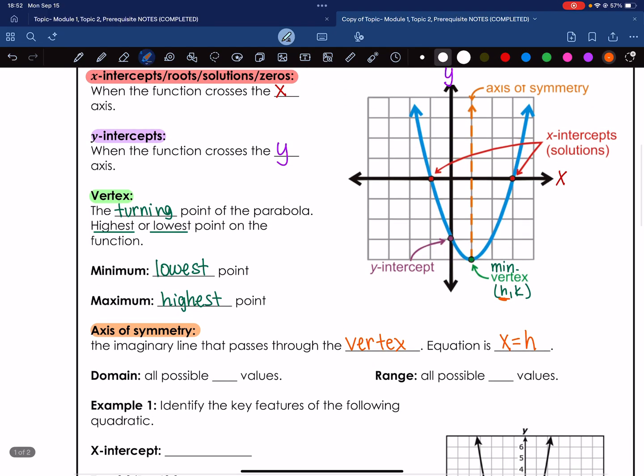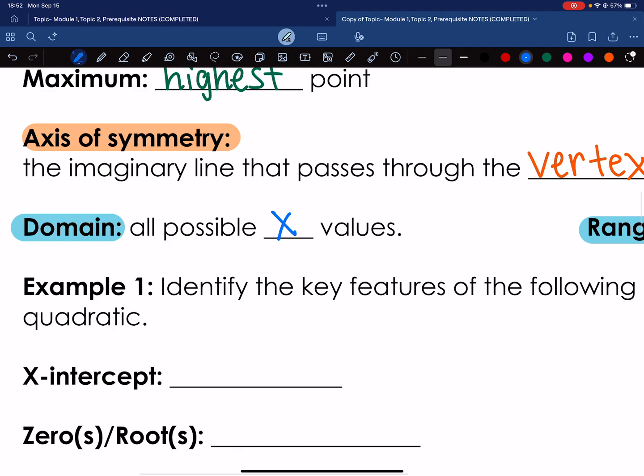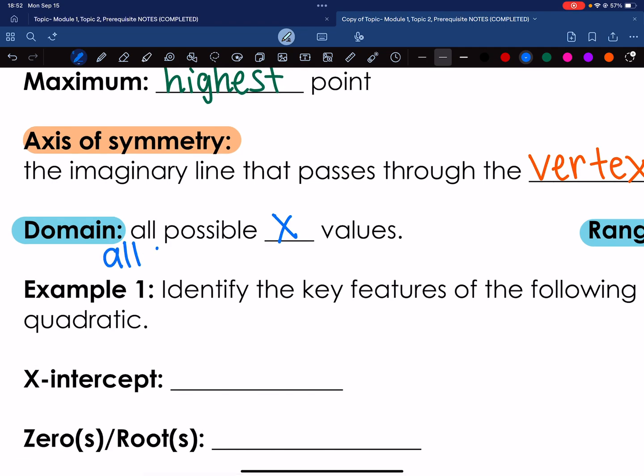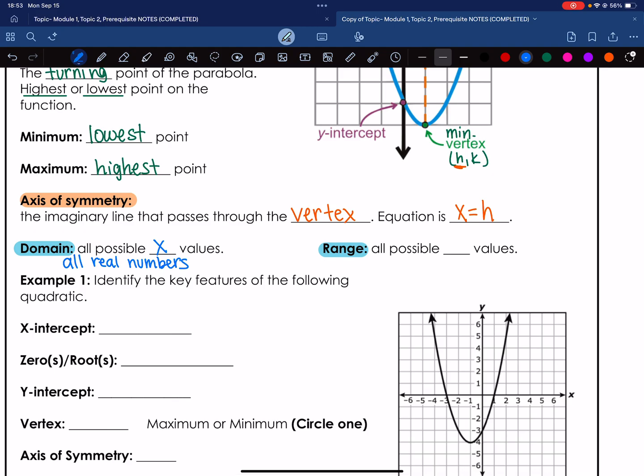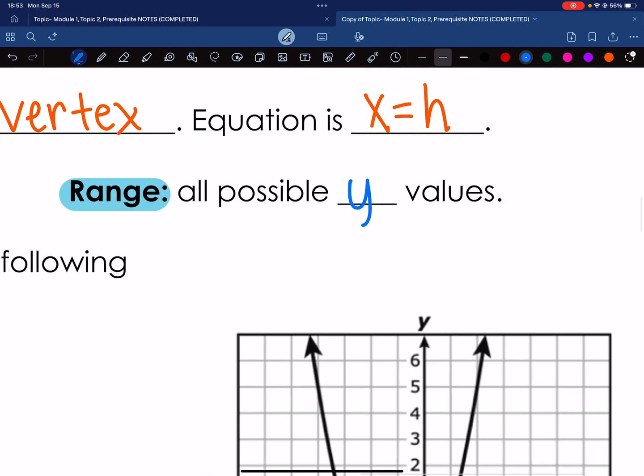Then, our last two things are the domain and the range. The domain is going to be the same for every quadratic function, and it's all possible x values. In this case, the domain is always going to be all real numbers. Then our range is all possible y values. The y values are going to depend on whether the graph is opening up or opening down.